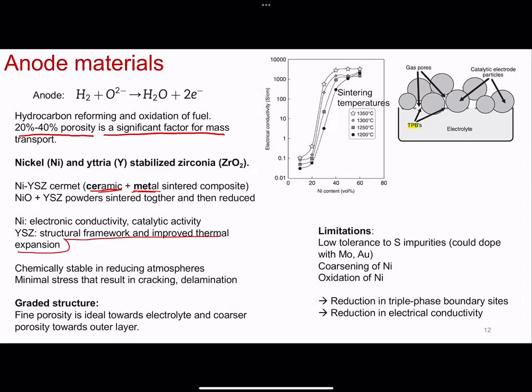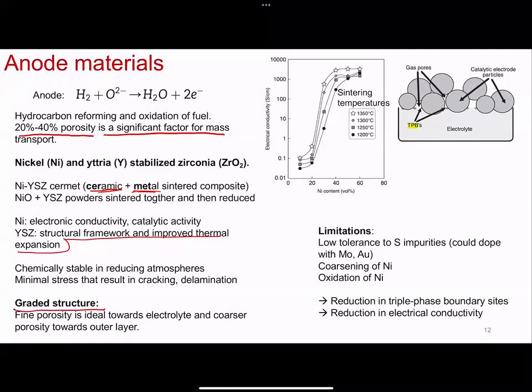So if you're mixing nickel YSZ into YSZ as well, you're stabilizing that sandwich mechanically. So what typically happens is you want some porosity, right, for the fuel to come in, but you don't want too much porosity because towards the current collector side, you actually want it to be dense so that you have an electrical connection. So what people typically do is they make what's called a graded structure.